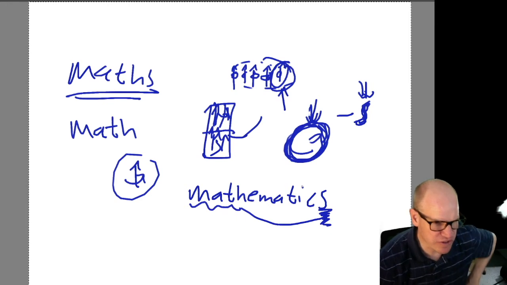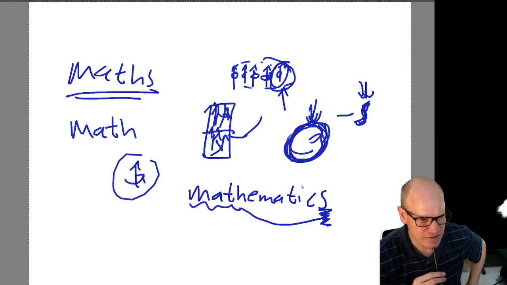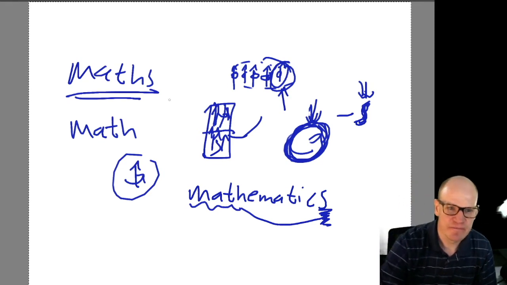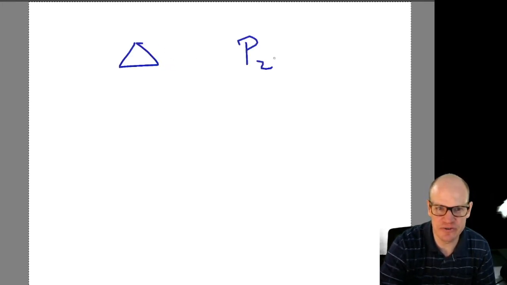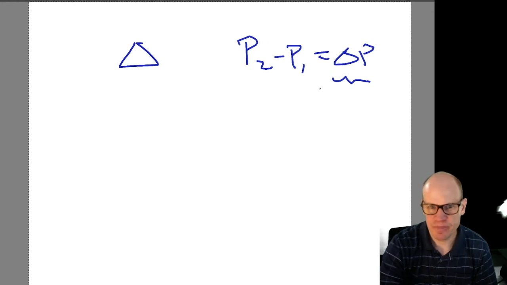All right, so here we go. Weird question. Haven't studied maths at a higher level, but isn't change usually symbolized with delta, which is a triangle pointing upwards and not downwards? That's a great question. So the question is, this delta, which is usually like P2 minus P1, is equal to delta P, something like that. So this would be considered a macroscopic change.